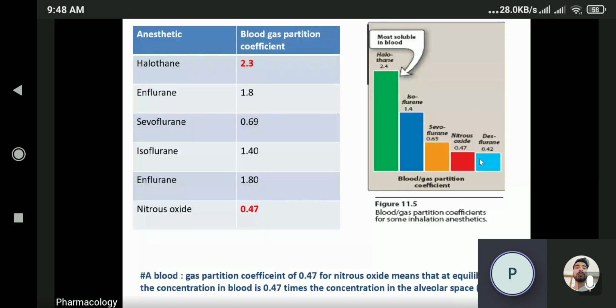So it is just a concept that your blood gas partition coefficient is your index for solubility of a drug, and it will determine how fast the drug will act.